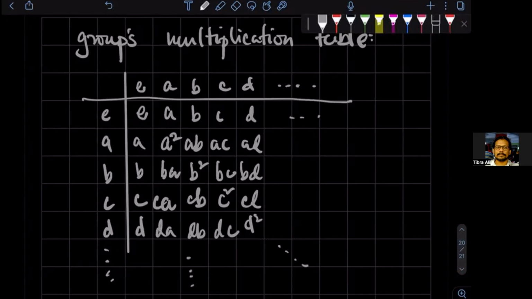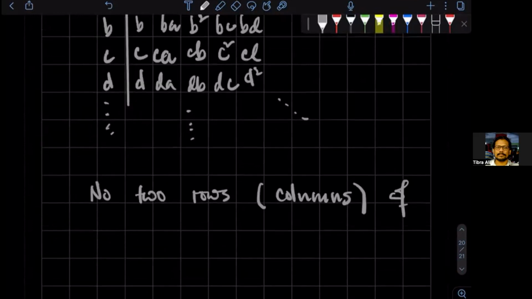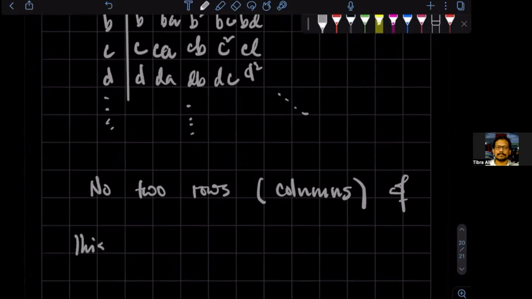Now, I'm going to make a simple observation: no two rows, or columns for that matter, of this table are identical.